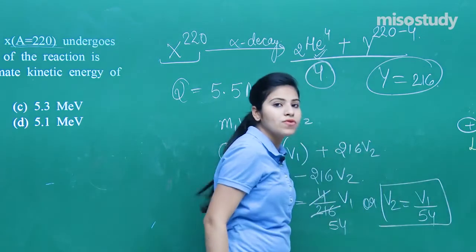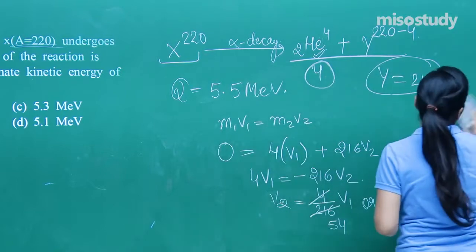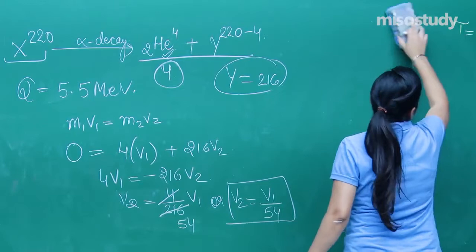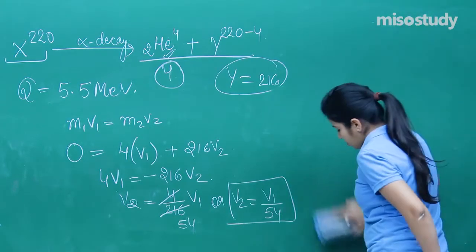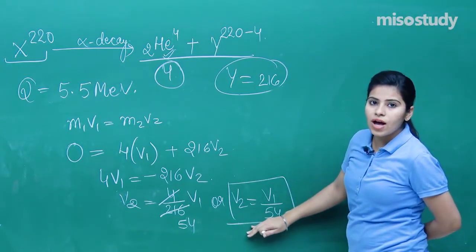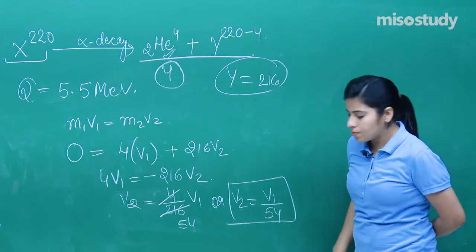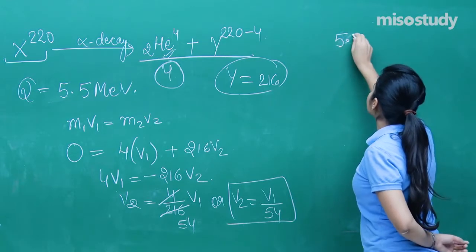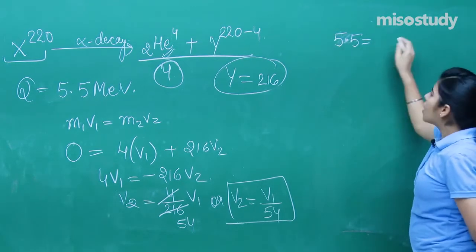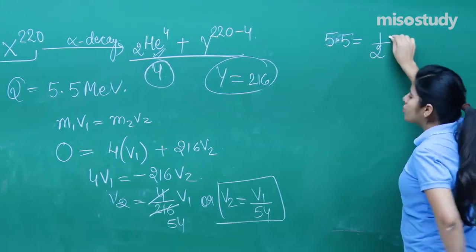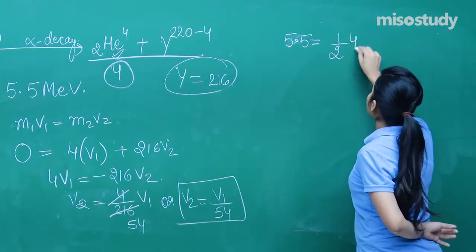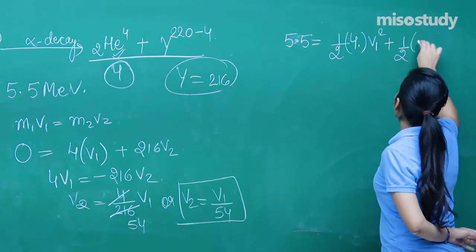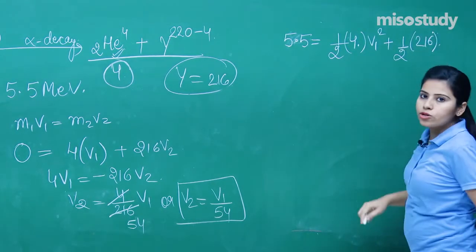Now because we have to find the kinetic energy, we have V2 as V1 by 54. We can put the Q value as half m1 V1 square, where m1 is 4, into V1 square, plus half into m2 into V2 square.